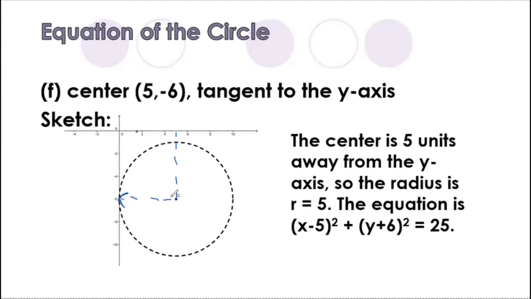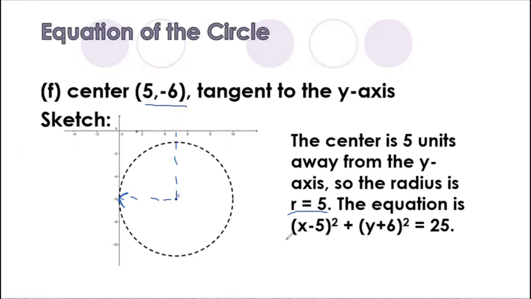Ibilangin mo lang, di ba? 1 unit, 2 units, 3 units, 4 units, 5 units. Kaya alam na natin na ang R ay 5 units o yung kanyang radius. Kasi yun yung dalawang requirements para magamit mo ang standard form of equation of a circle. Kailangan meron kang center at meron kang radius. So meron na tayong center at meron na tayong radius.